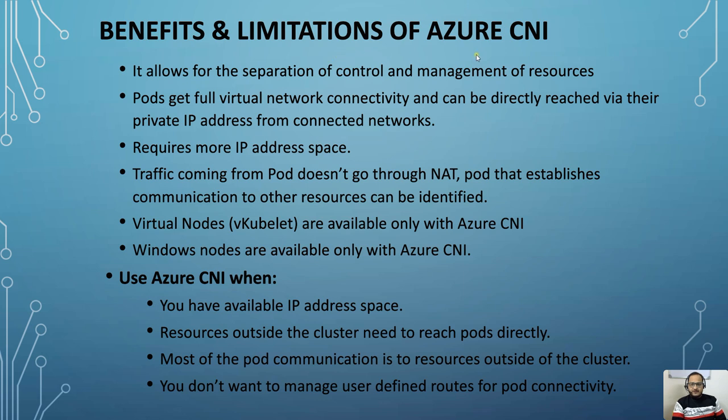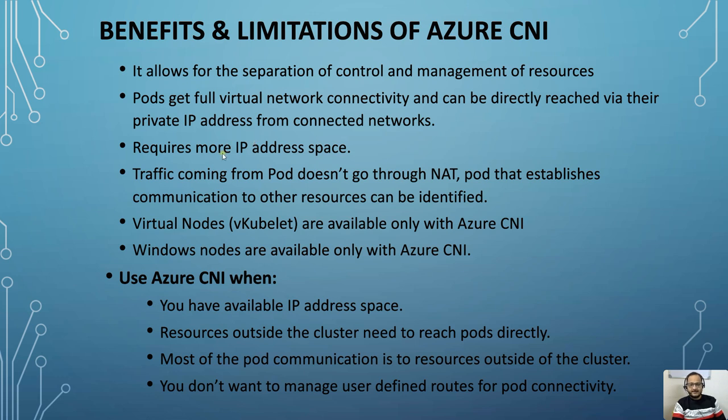Benefits and limitations of Azure CNI. It allows for the separation of control and management of resources. Definitely, because it is easy to allow security rules and network policies. Pods get full virtual network connectivity and can be directly reached by their private IP address from the connected network, because the node and pod will get IP addresses from the same node subnet.